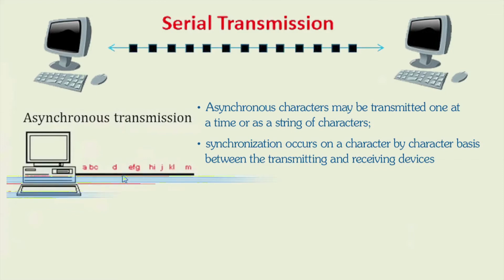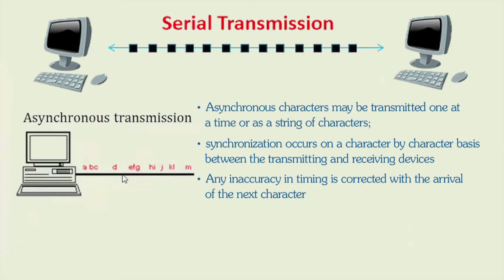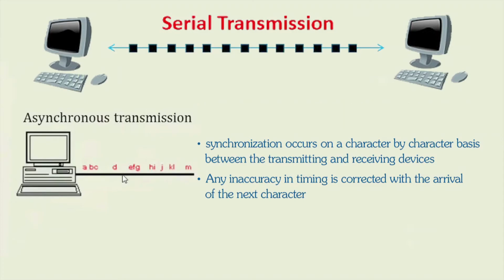Any inaccuracy in timing is corrected with the arrival of the next character. So these kinds of mechanisms are there. Let me just summarize at the end of asynchronous transmission how asynchronous transmission takes place.